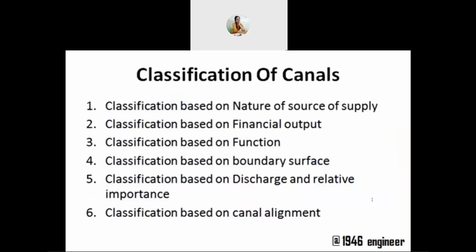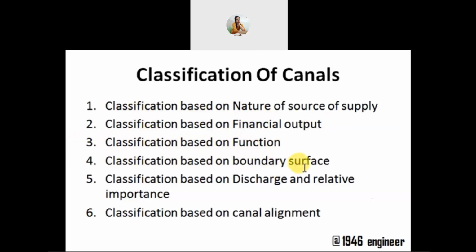And next, we have classification of canals. Canals can be classified depending upon 6 factors. First one is classification based on nature of source of supply. Classification based on financial output. Classification based on function.